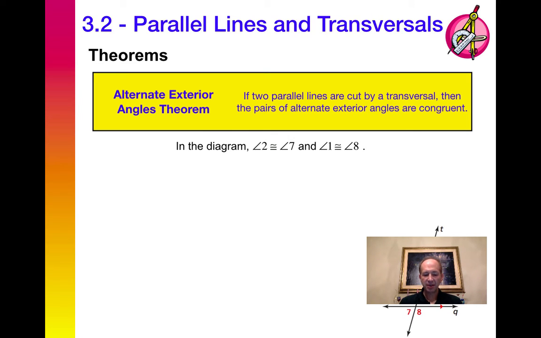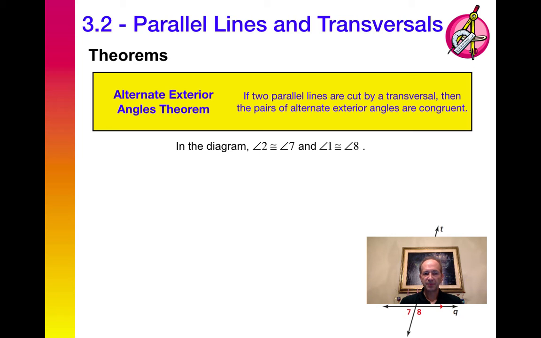So 2 and 7 are going to be congruent. Likewise, 1 and 8 are going to be congruent in this particular diagram. So now we have three theorems: the corresponding angles theorem, the alternate interior angles theorem, and the alternate exterior angles theorem.